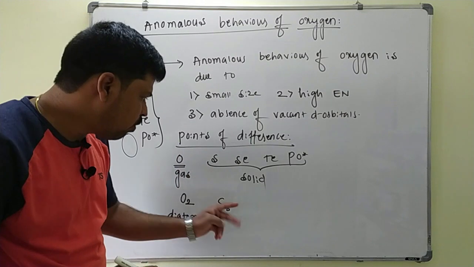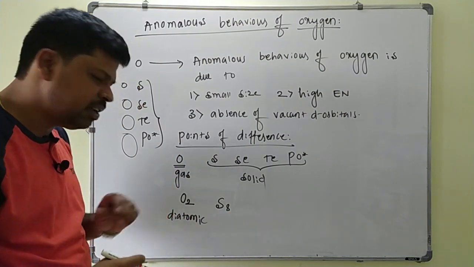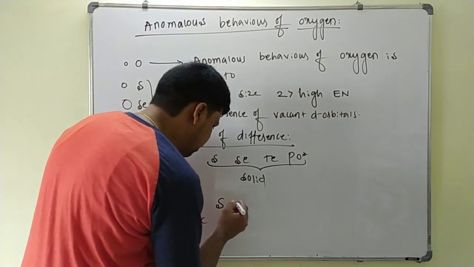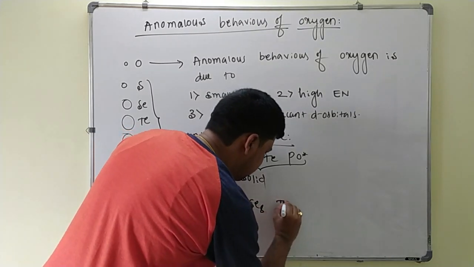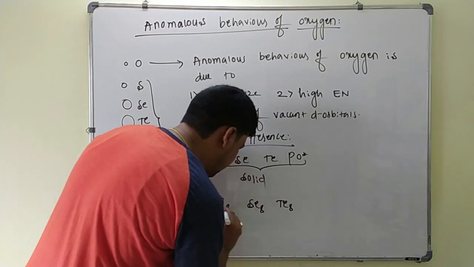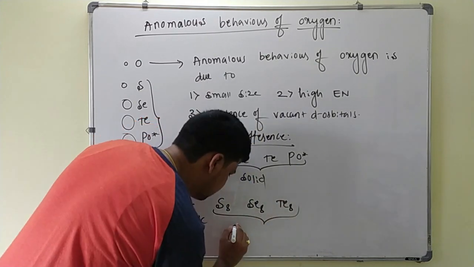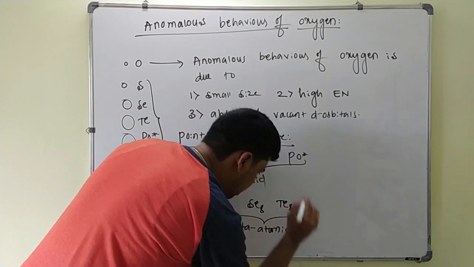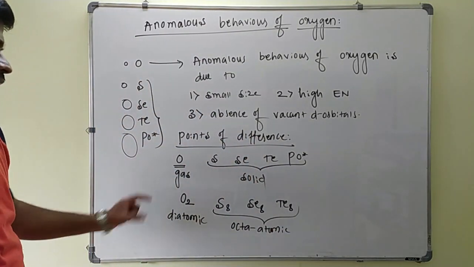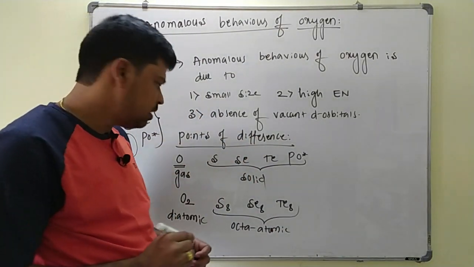So these all are octatomic, and only oxygen is diatomic here. Sulfur is S8, this is Se8 and this is Te8. So the remaining elements are octatomic.